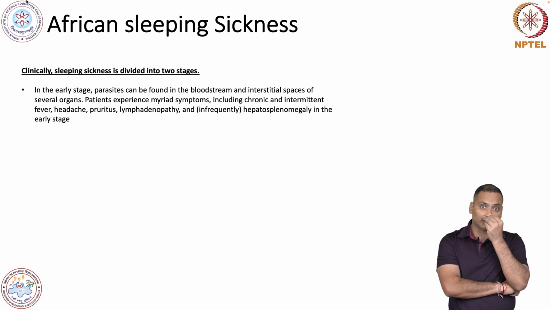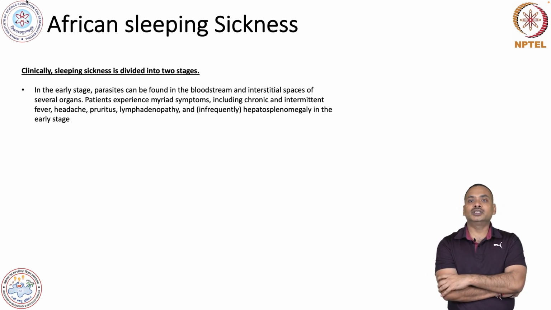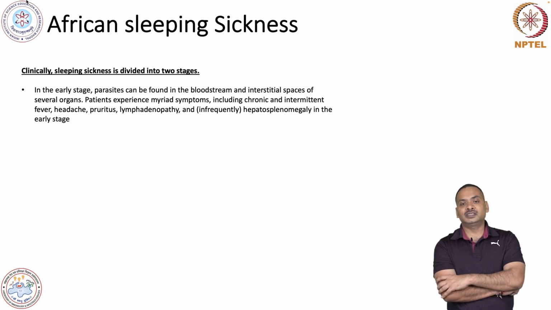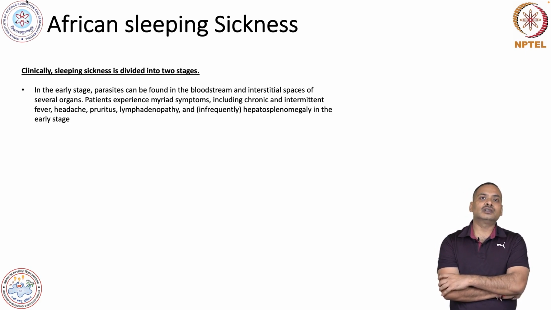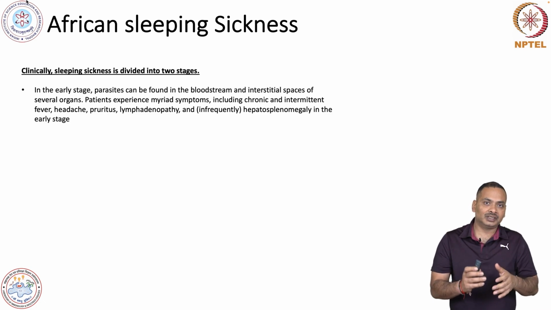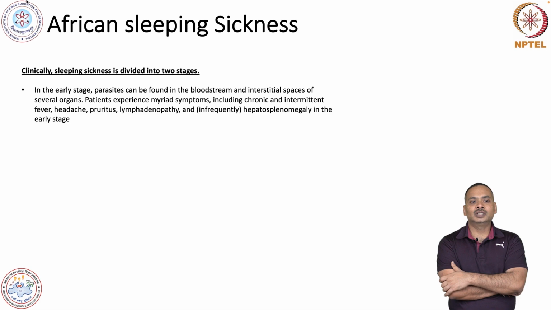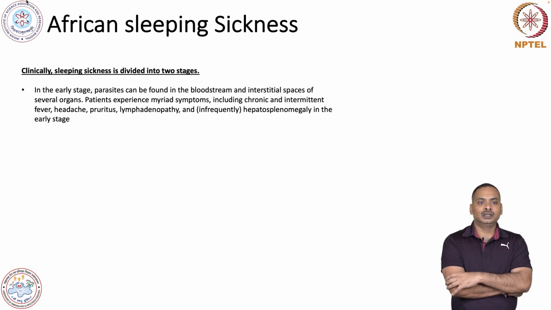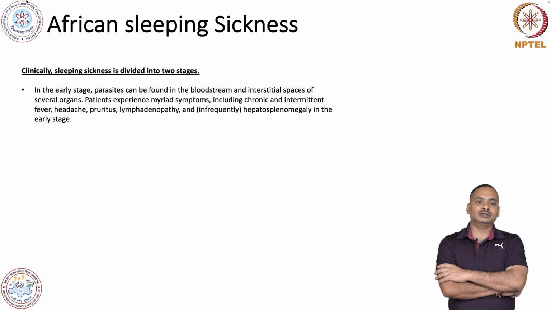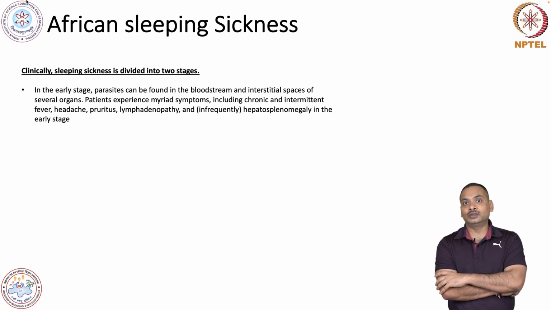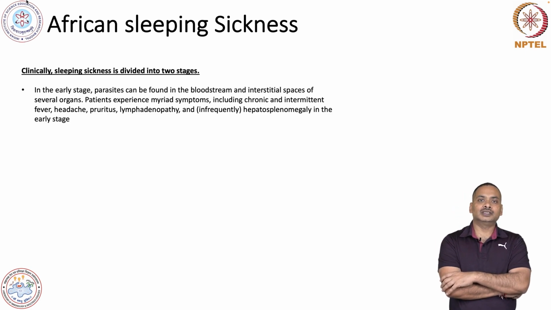In the early stage, the parasite can be found in the bloodstream and in the interstitial spaces of several organs, so there are spaces between the organs where they may also be present. Patients experience a variety of symptoms, including chronic and intermittent fever, headache, pruritus, lymphadenopathy, and infrequently hepatosplenomegaly in the early stage.